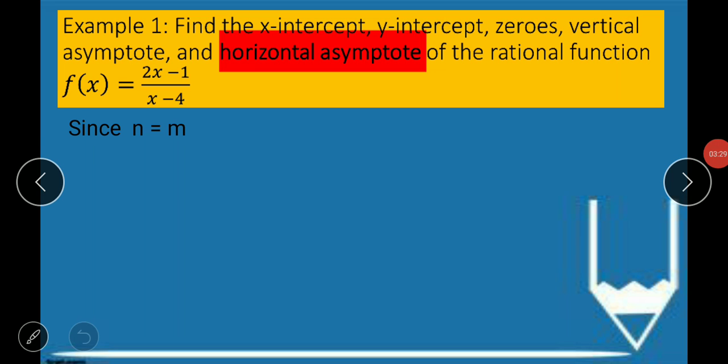The degree of the numerator, as you can see here, the highest exponent is 1. So n is 1. And on the denominator, the highest exponent is also 1. So m is 1. So as you can see, n is equal to m.